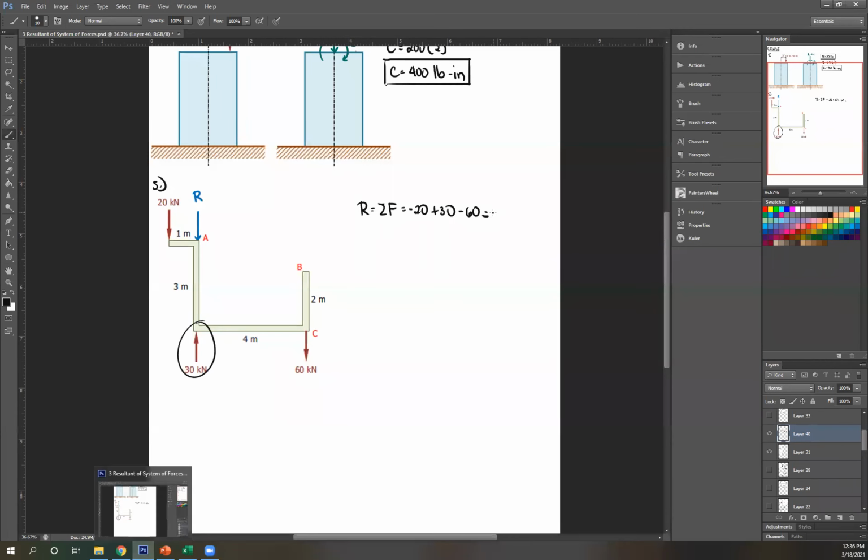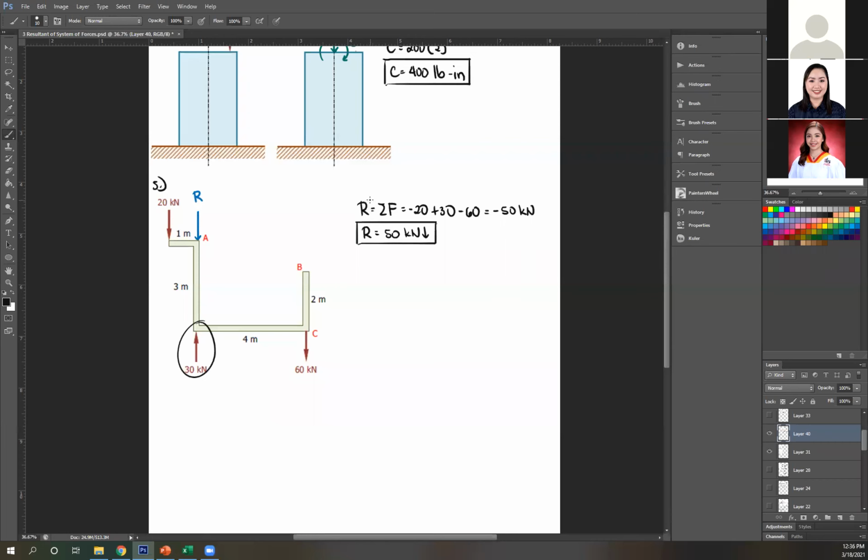Okay. So that's negative 50. So this just means, again, force is downward. R is 50 kilonewtons downward. Now you might get confused. I assume this is downward. Why did I get a negative?